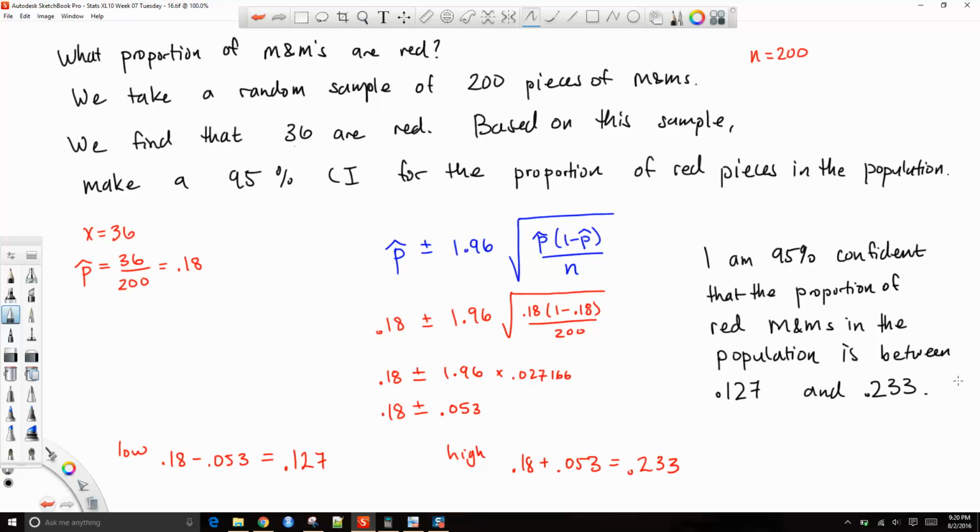Does that work? Okay. It's important that we write the words, I am 95% confident. Okay. This is a confidence interval. I'm going to say a few statements that are not correct, and I'll explain why. Do we have all of this? All right.